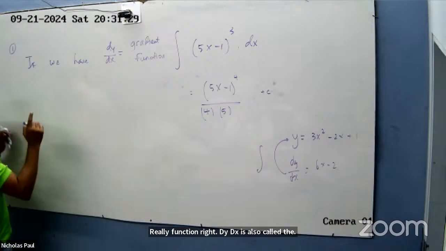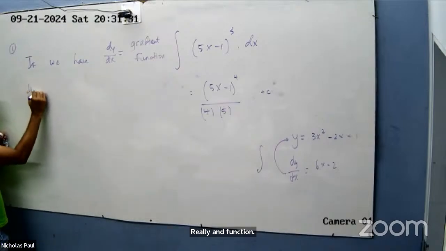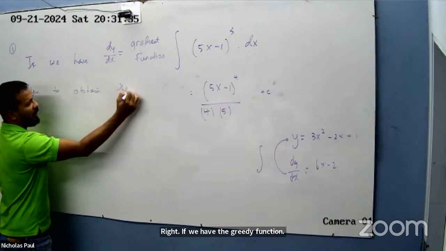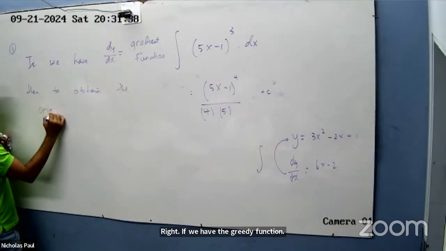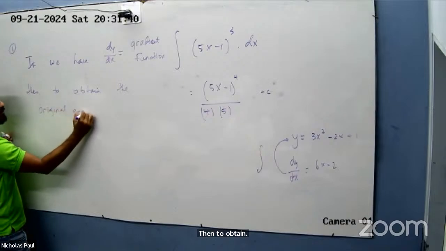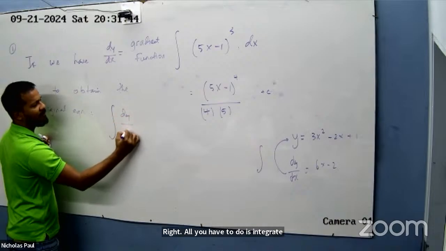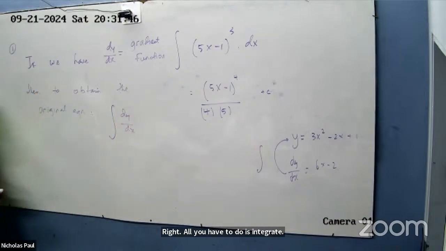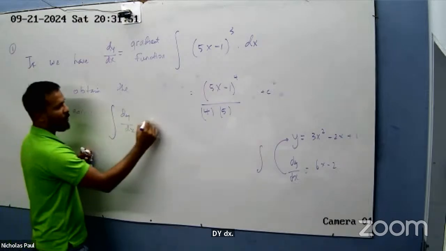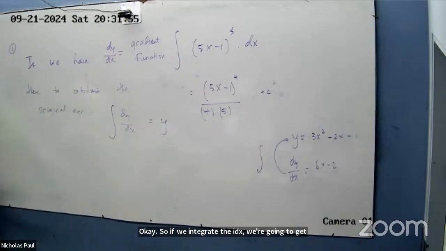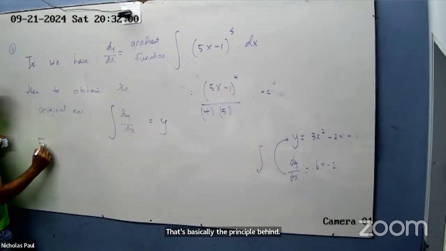If we have the gradient function, then to obtain the original equation, all we have to do is integrate dy/dx. So if we integrate dy/dx, we're going to get back the original equation y. Everybody okay with that? That's basically the principle behind application one. So let's try an example.